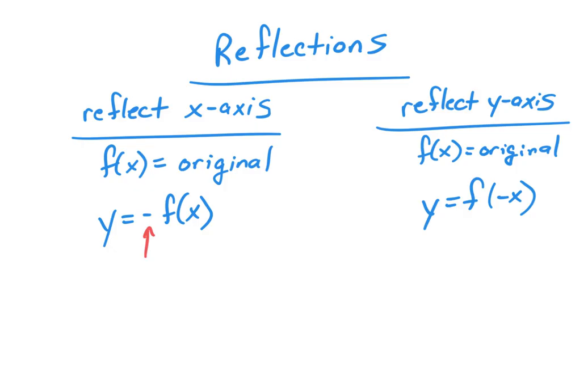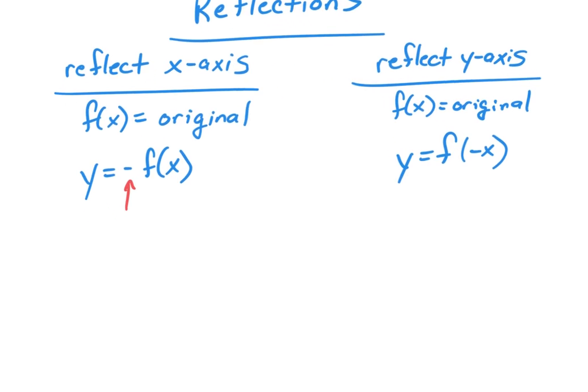Here the negative goes on the inside of the function. And I'm going to show you an example here in just a second so you can kind of understand what's going on. But where the negative's at is the key. Those are the only 2 kinds of reflections that we're going to focus on. And probably the x-axis is going to be the one that we're going to see the most.